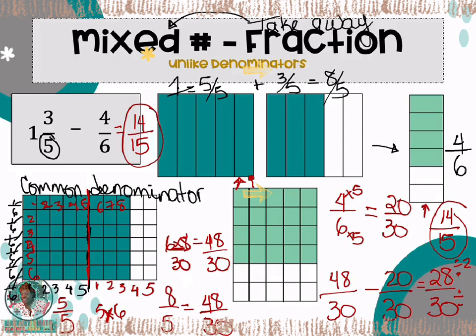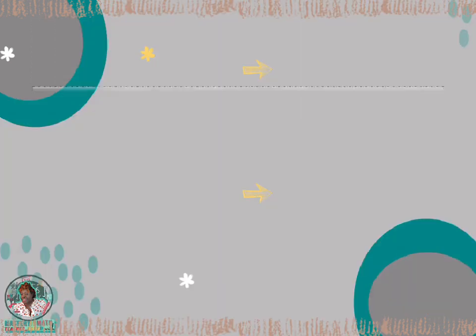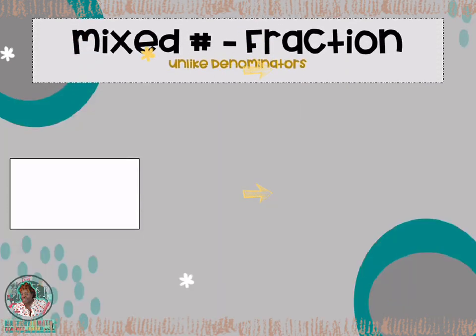Let's try another example, but without the bar model. Here you have another example. Remember, we're doing mixed number minus fraction, and we're looking at unlike denominators. So you have 8 and 2/4 minus 4/9.